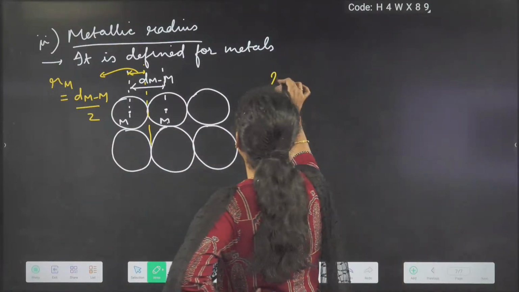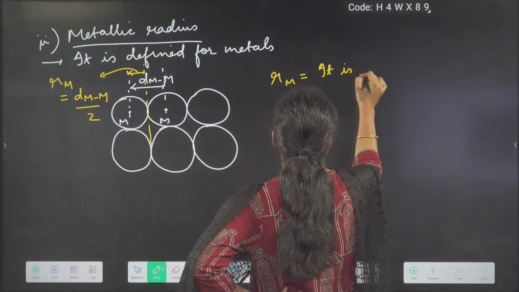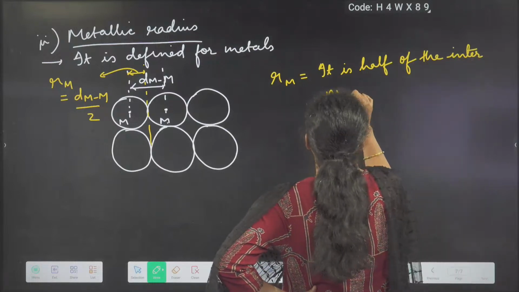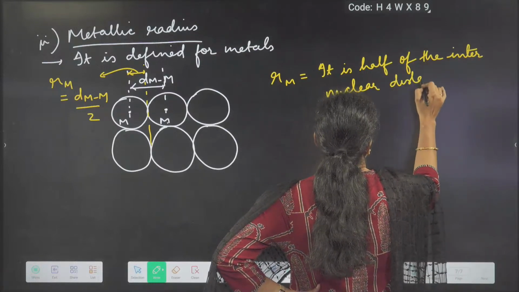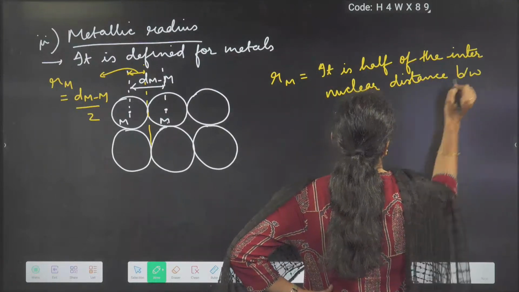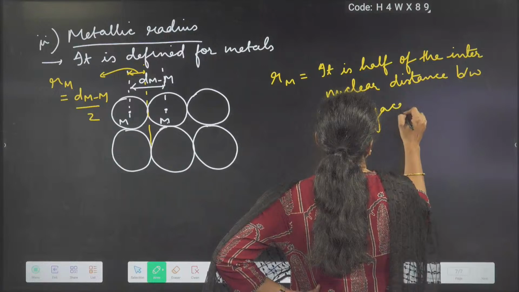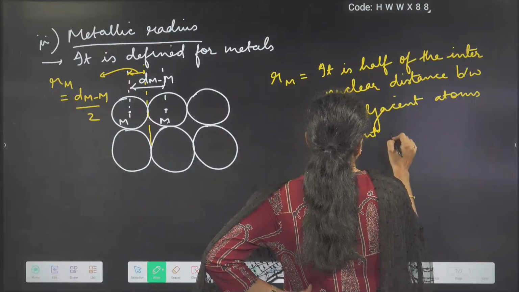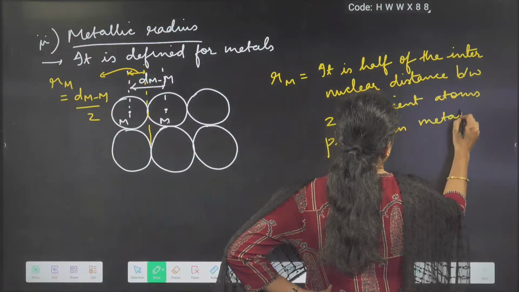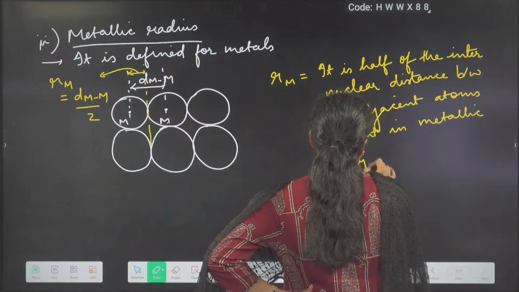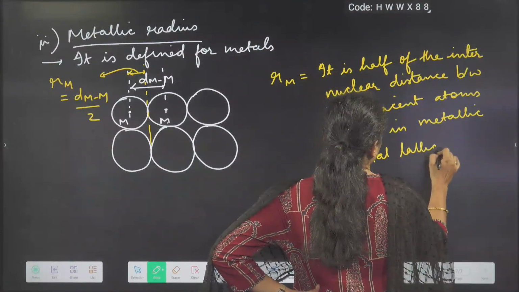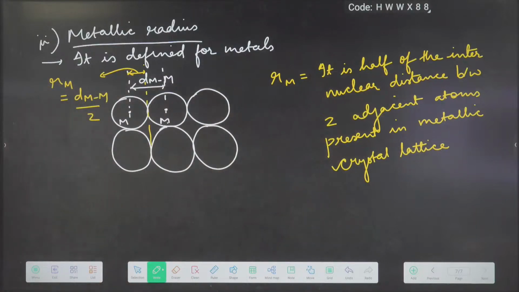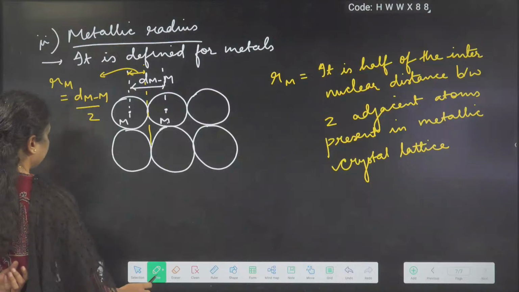Okay, so I'm writing here Rm, that is, it is half of the internuclear distance between the two adjacent atoms present in the metallic crystal lattice. Write this down, then we'll proceed further.